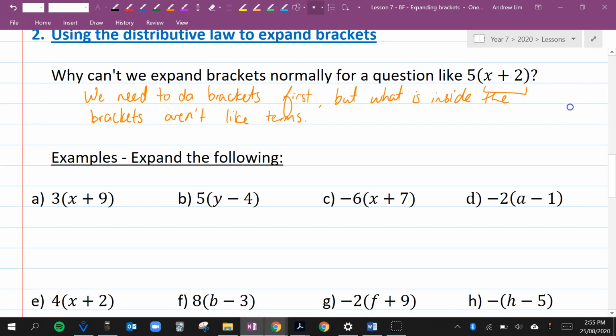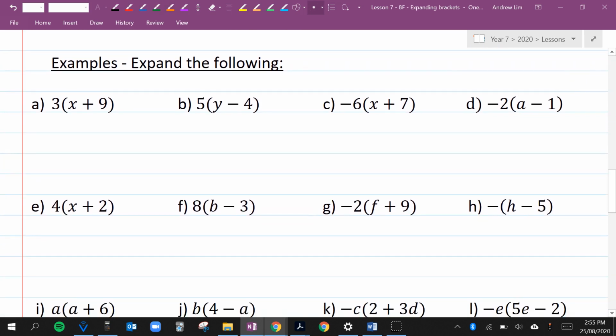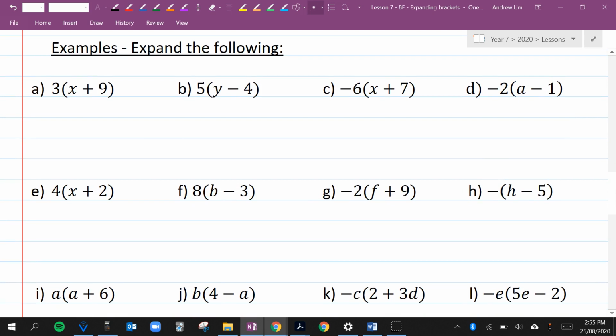So I'm going to have a look at a few of these questions, and then I want you to pause the video and have a go yourselves. I'll reveal 4 answers at a time. So I'll just go through question A, B, C, and D. And then I want you to pause the video, have a go with E to H, then check your answers, and then have a go with I to L, etc.